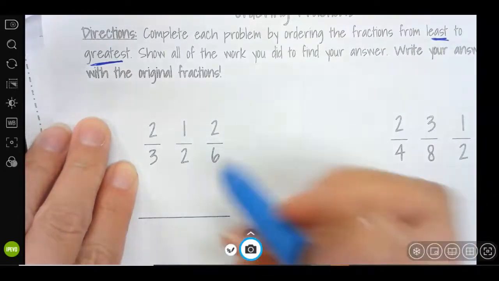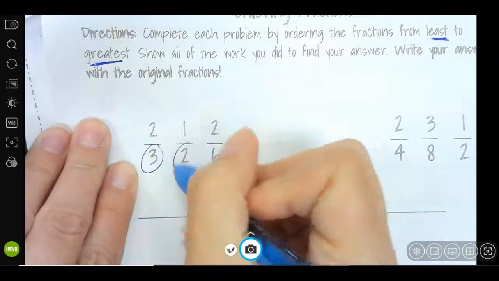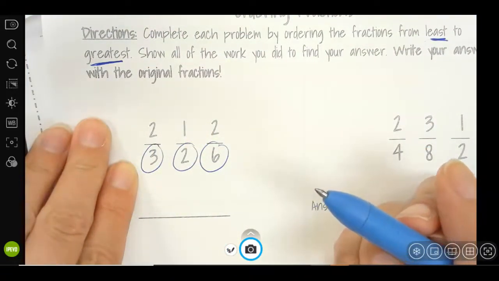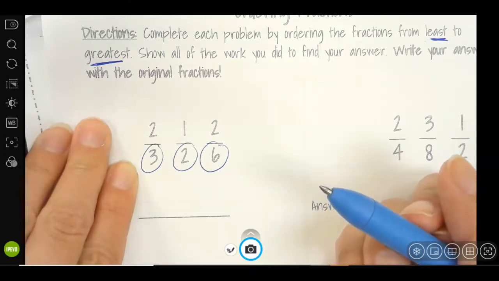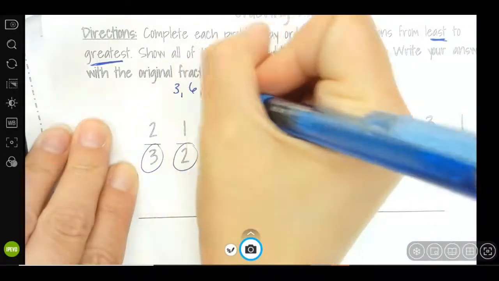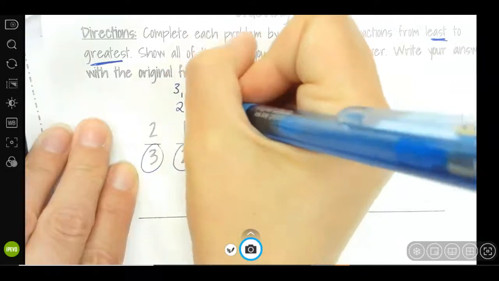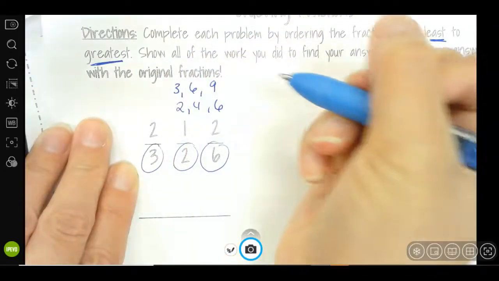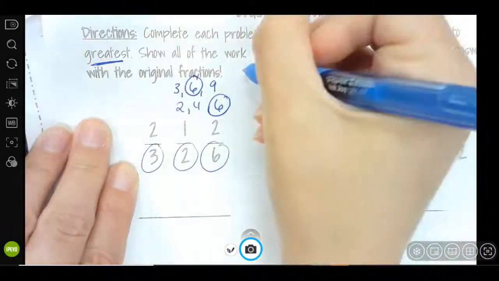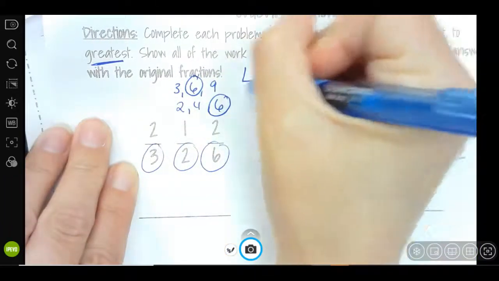If I was to find a multiple that all of these numbers have in common, what would it be? 12. Colton? It could be 12. What could be another number? Charlie? 6, because if I skip count by 3, 6, 9, or 2, 4, 6, they all have 6 in common. Remember, you always want to go with least common multiple.